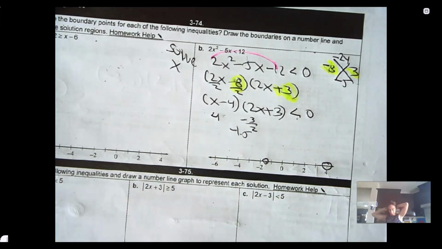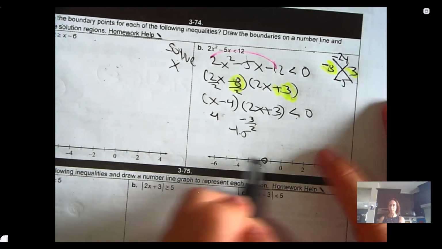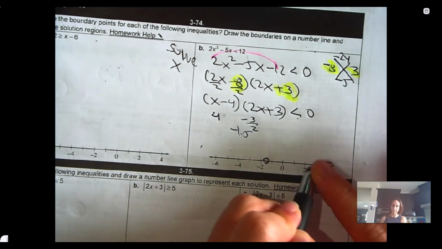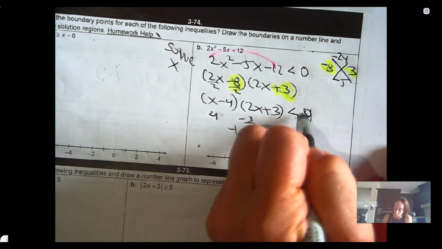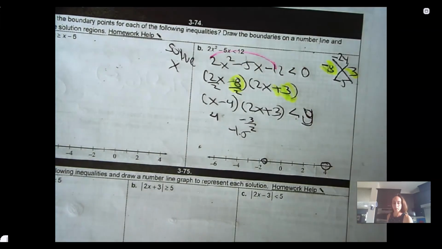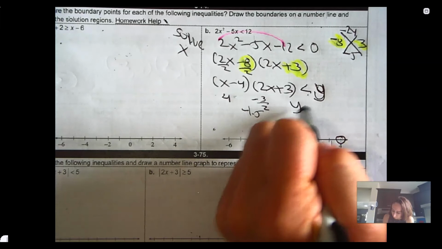Now, what we have to do is decide, is it going to be in the center or is it going to be away? So it's either going to be an and or it's going to be an or. If I change this to y, one sec. So I change that to a y, and then I switch directions.